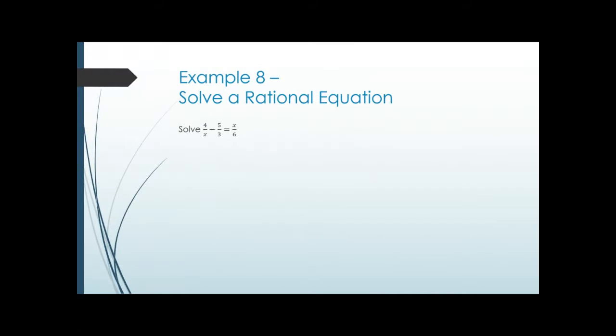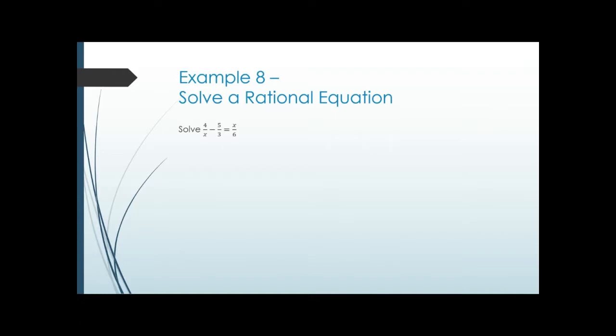Here I'm starting with a simple one where we just have x, 3, and 6 in our denominator. We want to get a common denominator. The way I do this is, if I have fractions on both sides, I get a common denominator with just the left side and combine those, so I can treat it like a proportion and cross multiply.